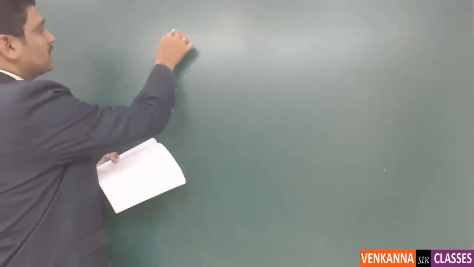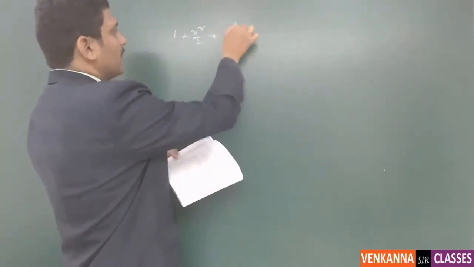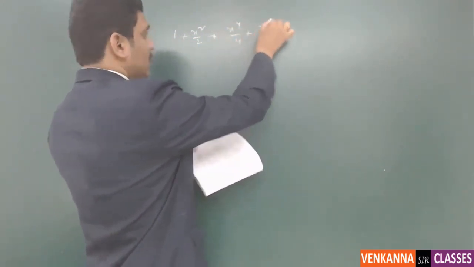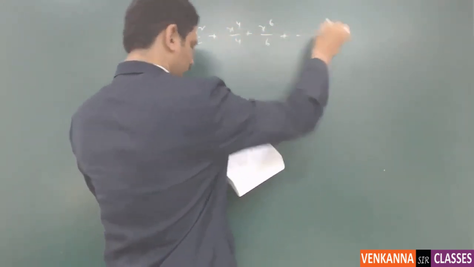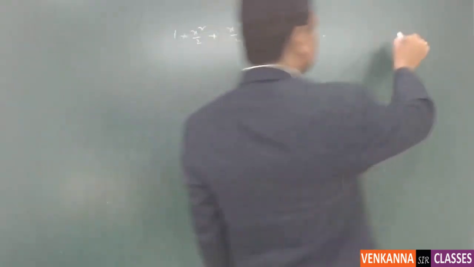So the next problem is test the convergence of 1 plus x square by 2 plus x power 4 by 4 plus x power 6 by 6 plus so on, where x is greater than 0.